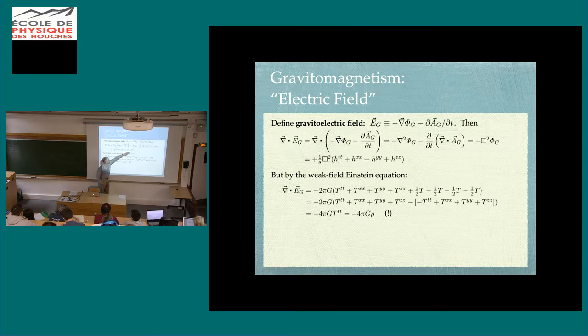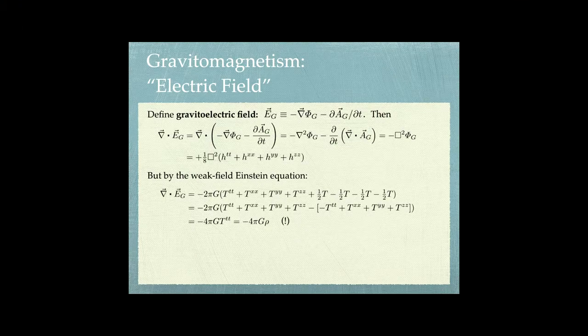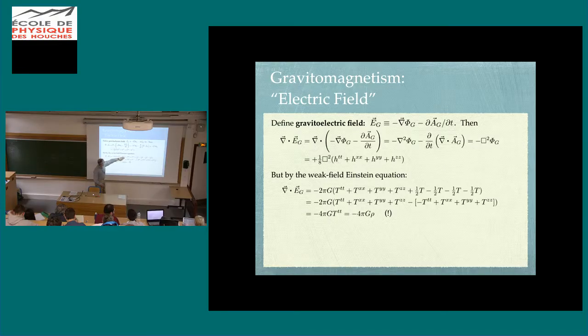And so I plug that in, and I know what these are. But by the weak field Einstein equation, I plug in what h_tt and h_tx are, and each one of these things has a T component. I've got the 1/8 here, so I had 16 pi, and now it's just 2 pi.